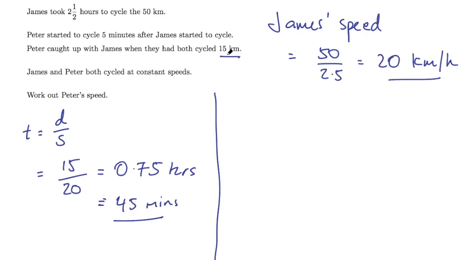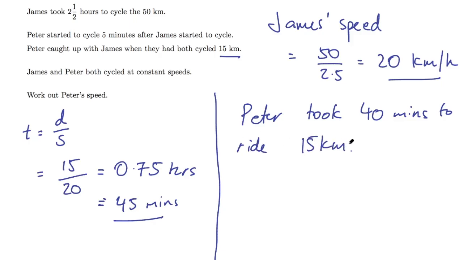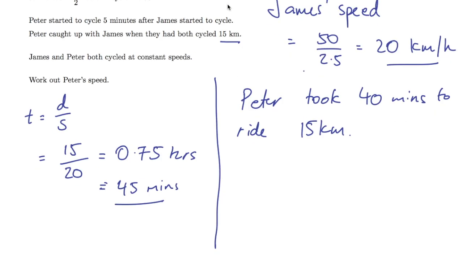So how long has he taken to ride 15 kilometers? If he took off 5 minutes after James, then he's taken 40 minutes. So Peter took 40 minutes to ride 15 kilometers.